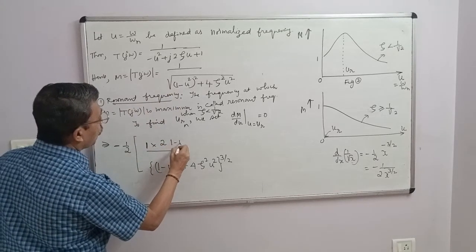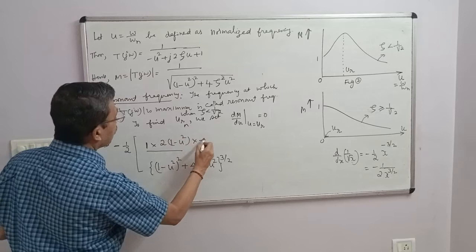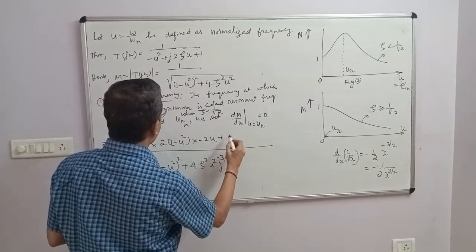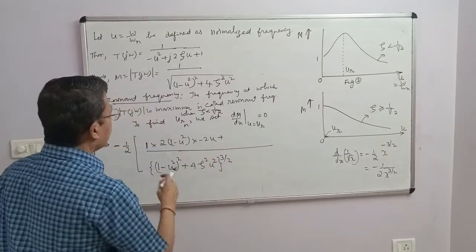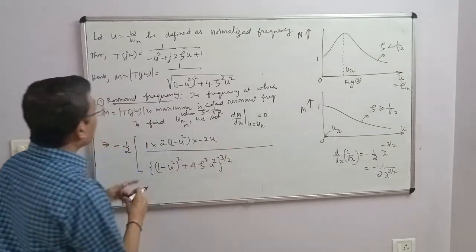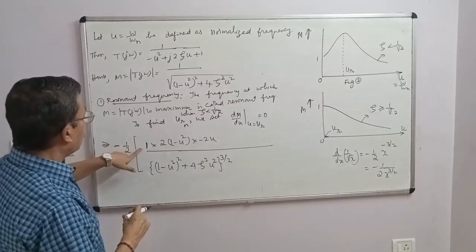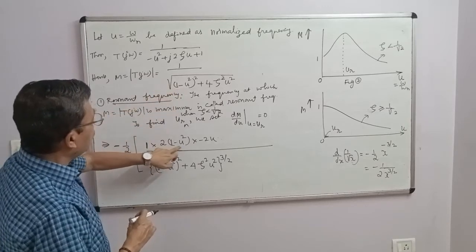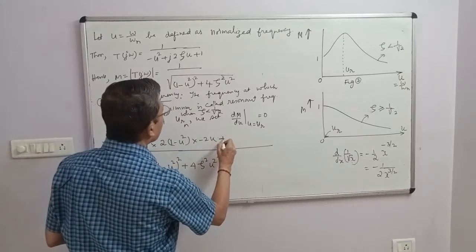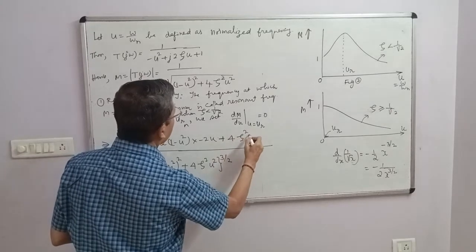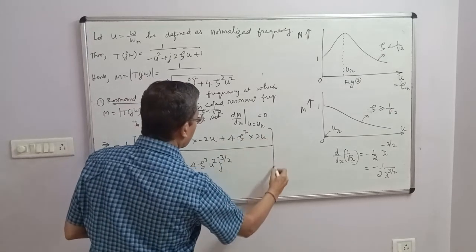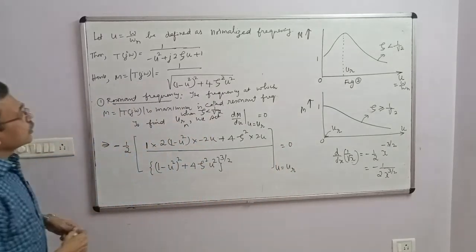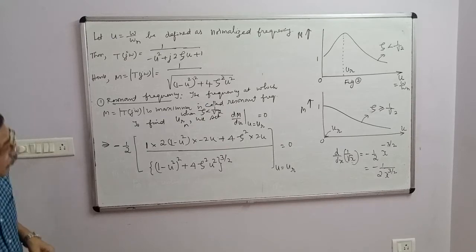2 into 1 minus u square into minus 2u plus 4 times zeta square into 2u. At u equal to UR this must be equal to 0.